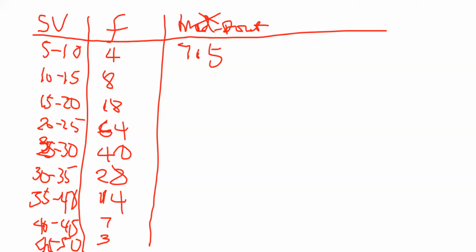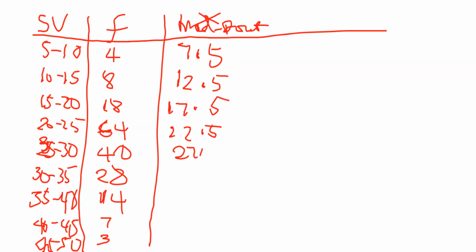The next one, 10 to 15. What do you have? 12.5, Abi. 10 plus 15 is 25, and 25 divided by 2 is 12.5. Between 7.5 and 12.5, what's the difference? 5, Abi. So I don't need to worry myself. I will just be adding 5.